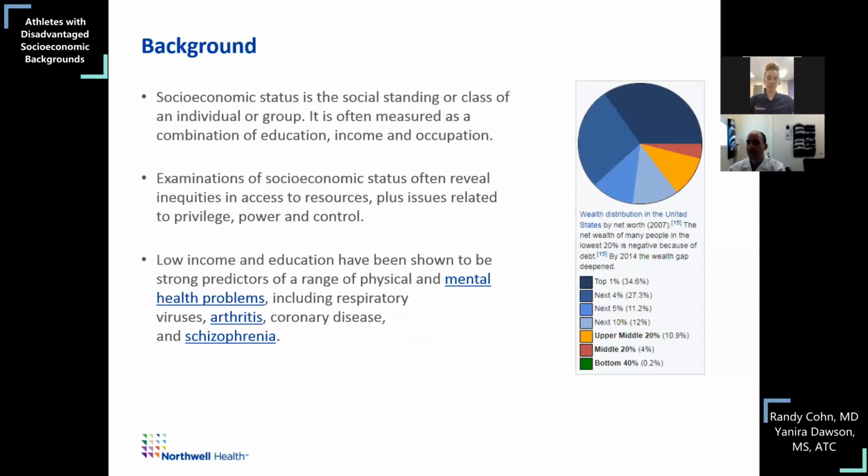When we look at this among our patients, we can see vast inequities in terms of access to resources and issues related to privilege, power, and control in terms of obtaining necessary health care. Low income and education have been shown to have strong impact on mental health problems, as well as physical problems and orthopedic issues, such as arthritis. We'll talk more about how this relates to a patient example under our care.